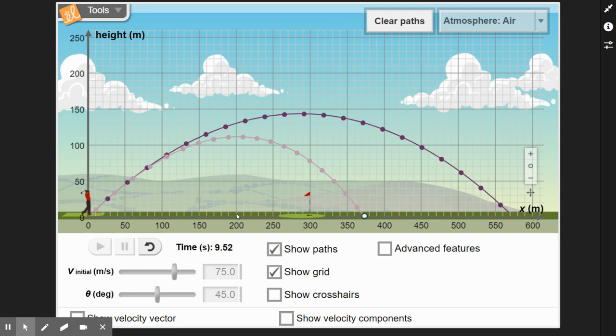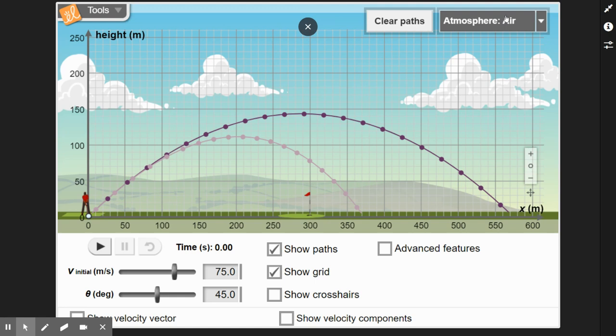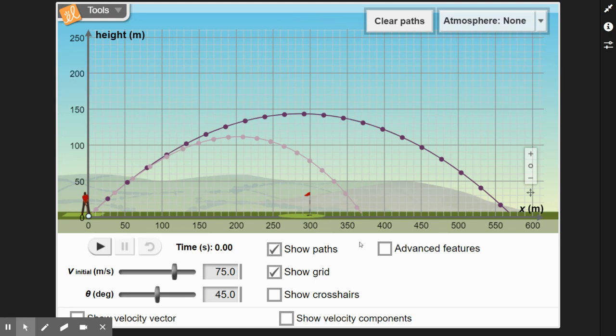Okay, so this light pink one here, that was air resistance. This purple, or whatever color this is, that is on Earth with no air resistance. So then let's say moon, little to no atmosphere.